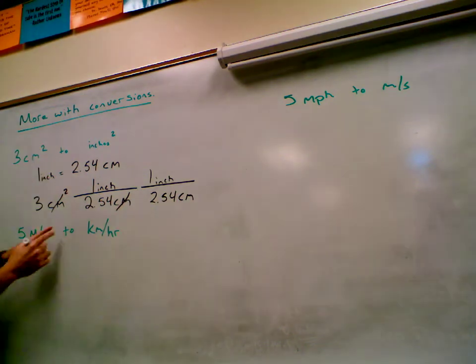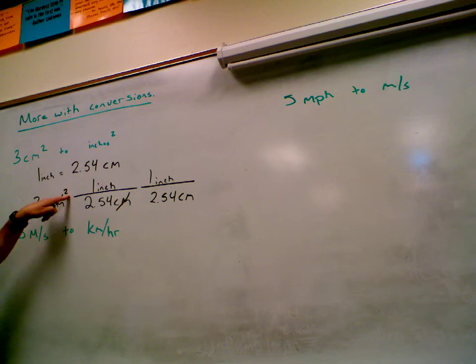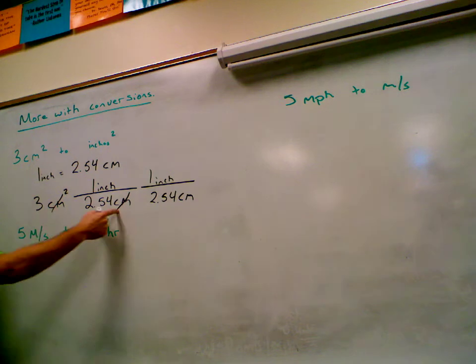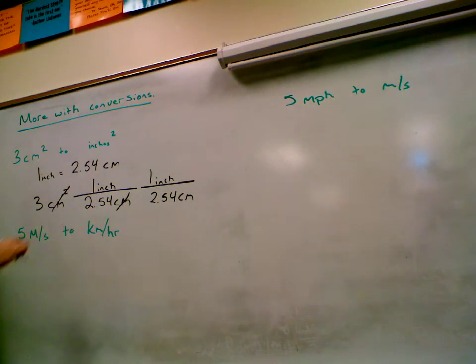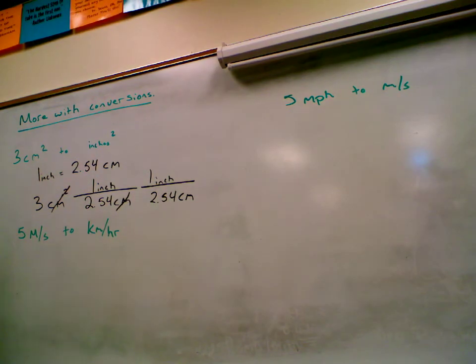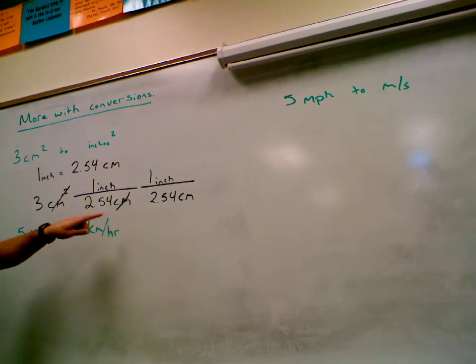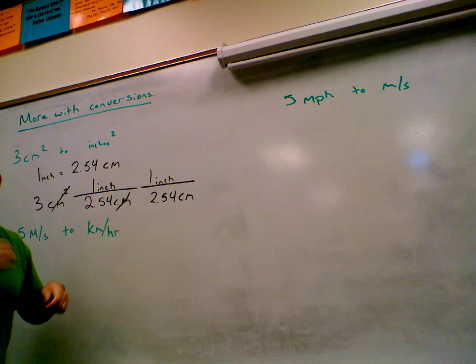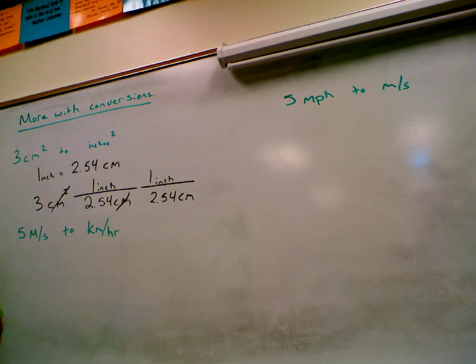And that'll convert centimeters squared into inches squared, because now these 2 centimeters will cancel out my centimeters squared, and I'll be left with 2 inches, which is going to be inches squared. So you multiply 3 times 1 over 2.54 times 1 over 2.54. If you just do 3 times 1 over 2.54 times 2, that's not going to work, because when these are multiplied together, they're actually squared. But if you do it this way, it works out easily. So just have that 2.54 in there twice.